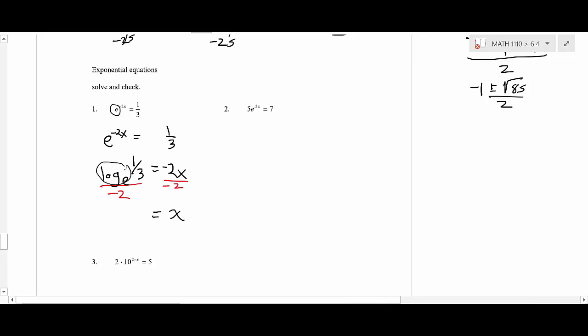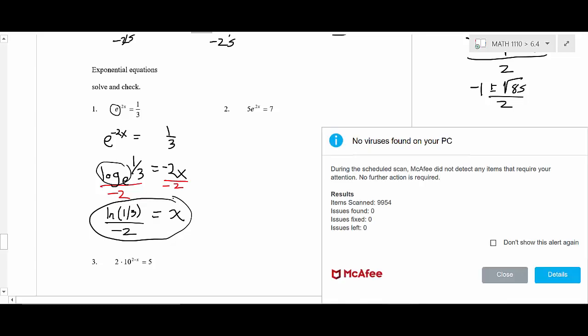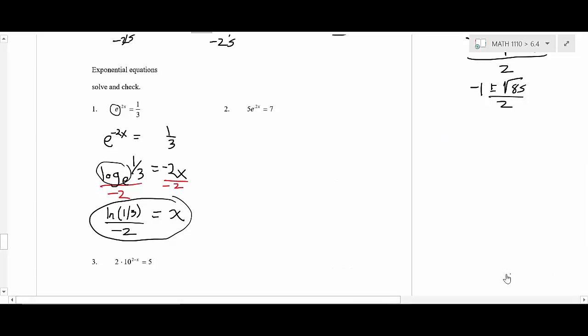Remember, if you have a log base E, you can write that as ln of 1/3, then divide by negative 2. Now that's the exact answer to the problem. All these problems in this section, we're going to change the exponential equation into log form and get our answer that way. And again, later we'll learn a little bit different way to do that, okay? Okay, the next problem, you want to start this one by dividing by 5.